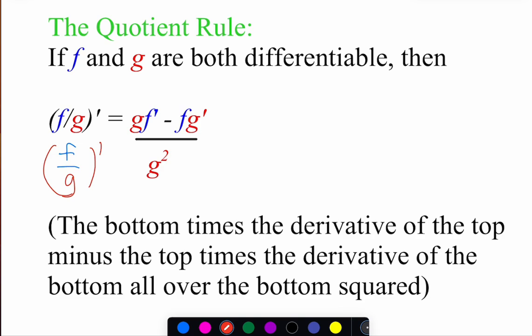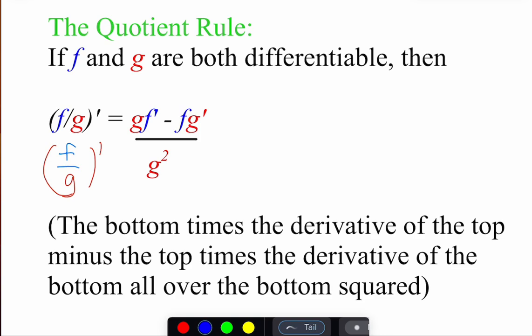Now, I will tell you, consistently my students mess up this formula because they don't start with the bottom. They don't remember to subtract. The product formula is addition. The quotient formula is a subtraction.